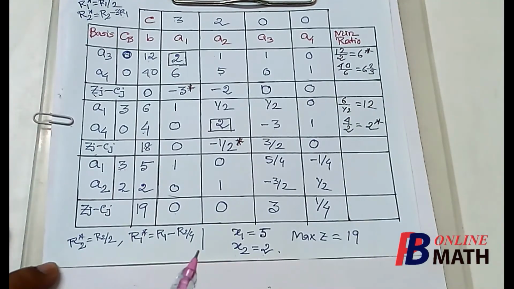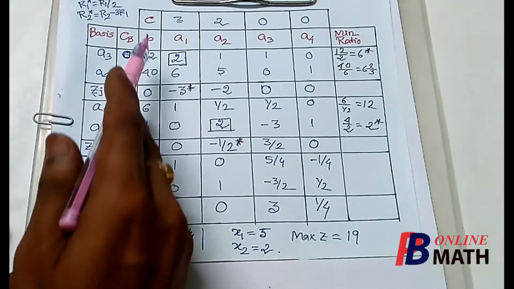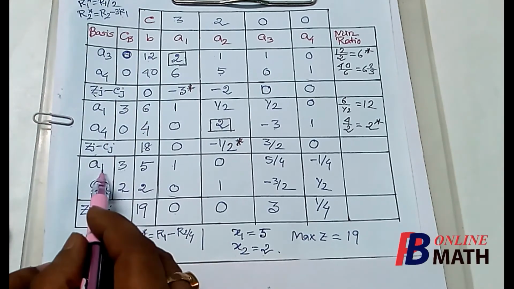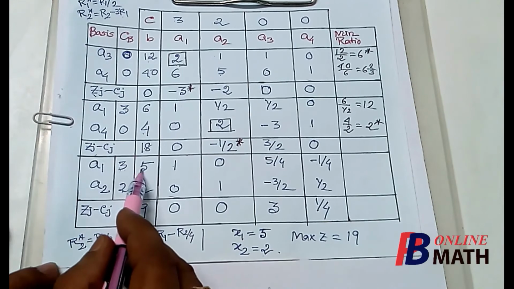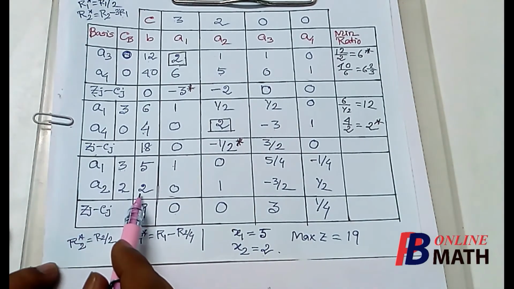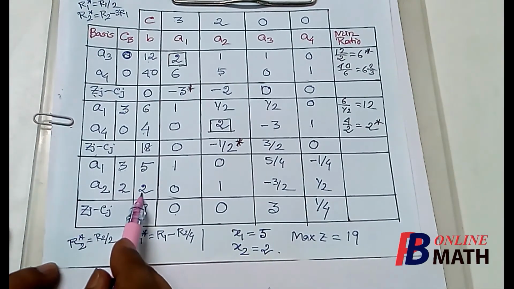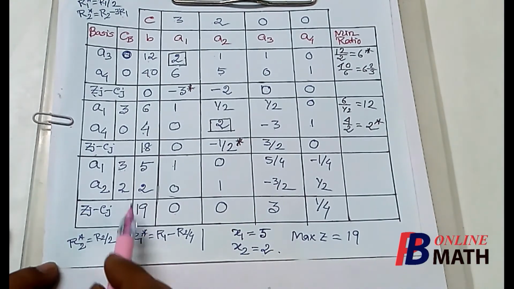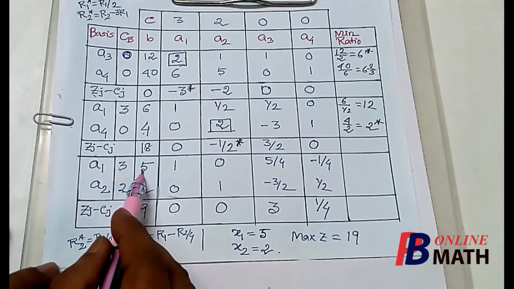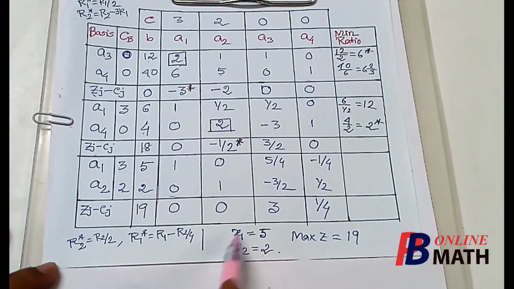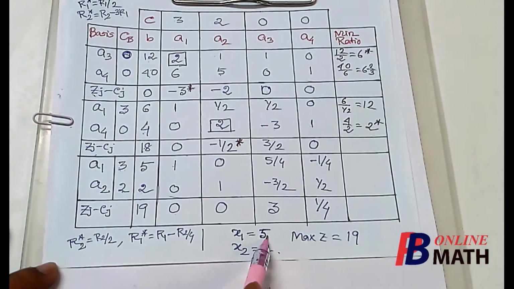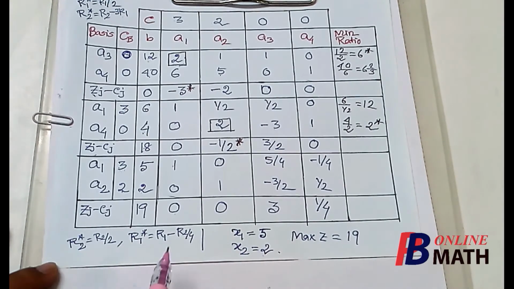Now we write the final solution. Now the final solution can be found from the column of B. Here we find that the value corresponding to the vector a1 is 5 and the value corresponding to the vector a2 is 2. So the final solution will be x1 equal to 5 and x2 equal to 2.